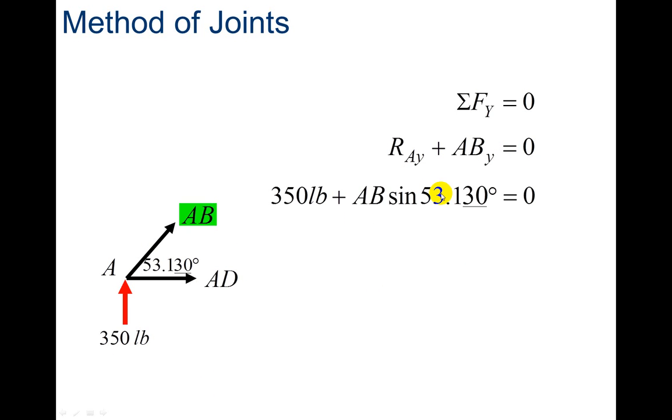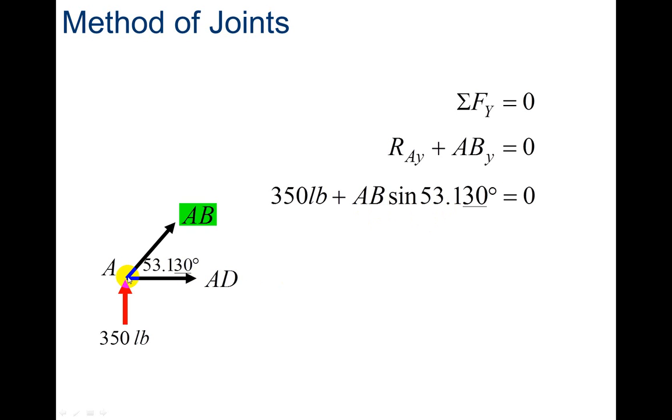If you remember, it is your force, so that would be AB, times the sine of the angle that is going to give you the Y component. In a minute, whenever I find the X components, I'm going to still do AB, which is my force, times the cosine of my angle.